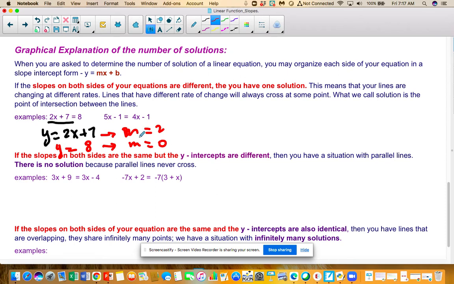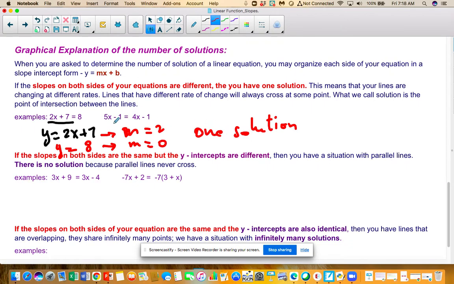Anytime that you have that situation, then you are dealing with one solution. Okay, so one solution. When the slope of the line on the left side of your equal sign is different from the slope of the line of your equation on the right side, you have a situation of one solution.